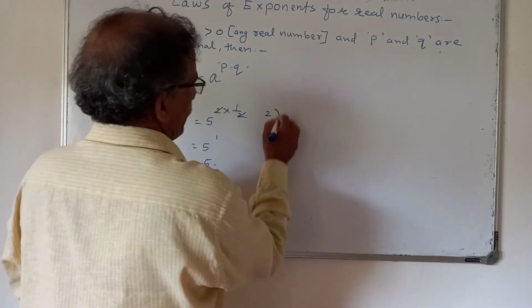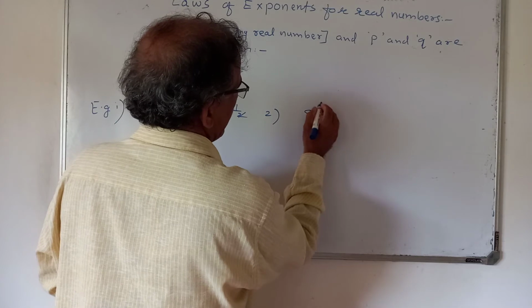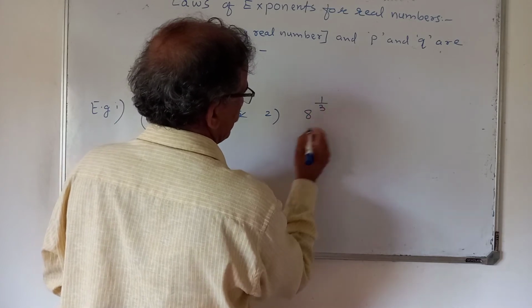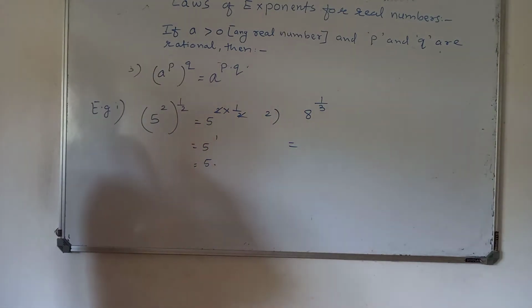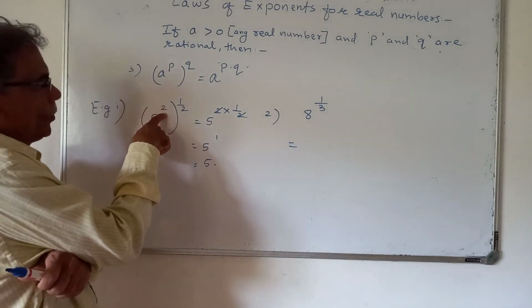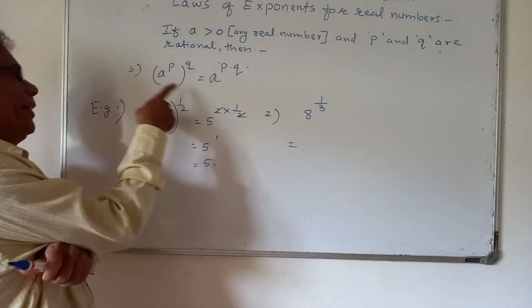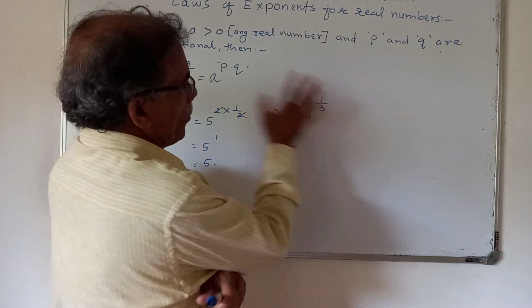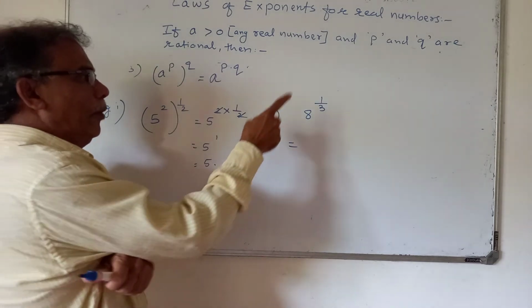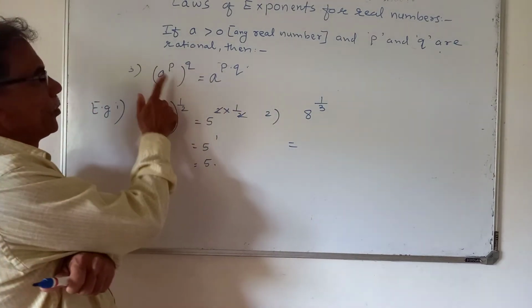The second example I will give you, 8 raised to 1 by 3. If you want to solve this now. Before it was 5 raised to 2 raised to 1 upon 2. On exponent there was one more exponent, isn't it? Now here it is simply given 8 raised to 1 by 3. For this also you can apply this rule.